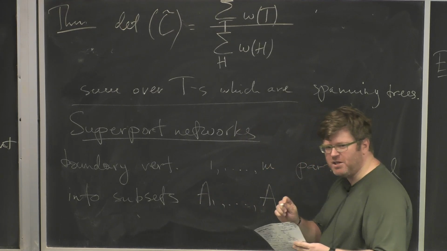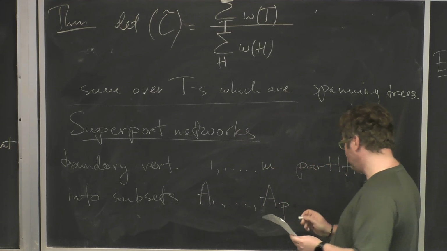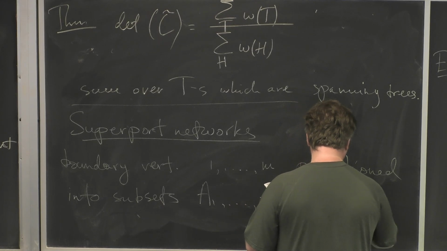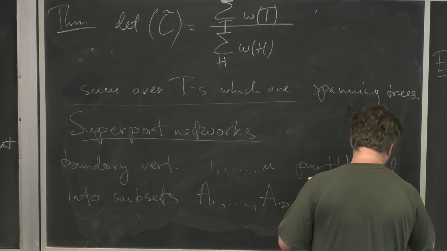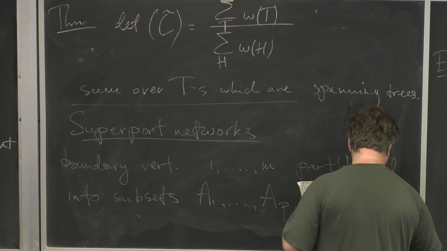And let's pick in each subset one distinguished vertex and call it a root. Ai has root Ri.